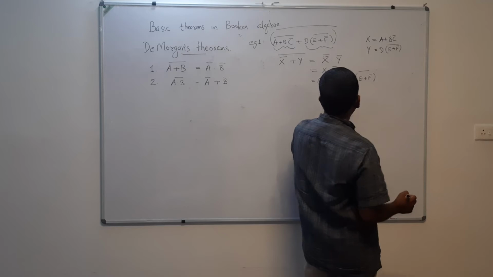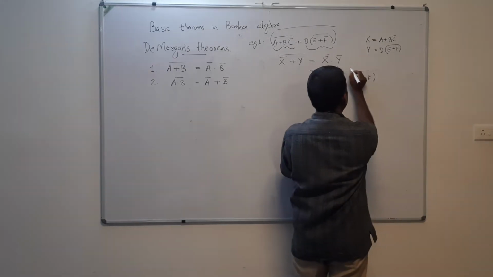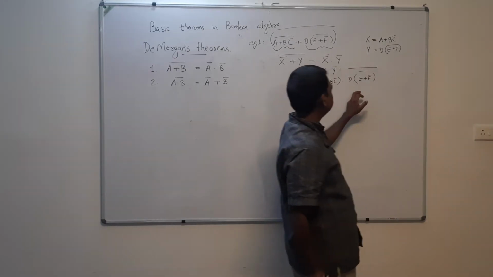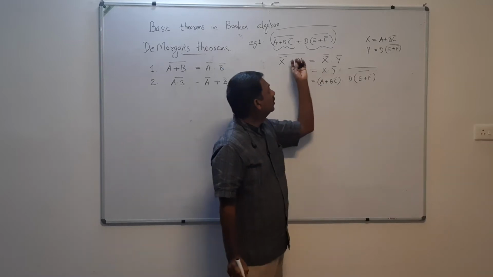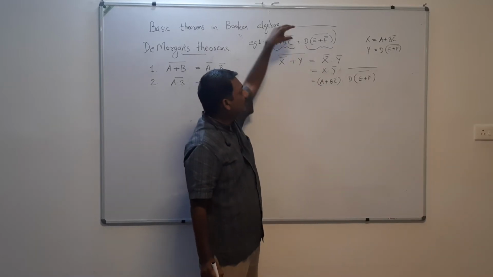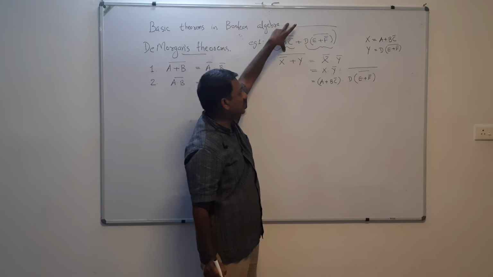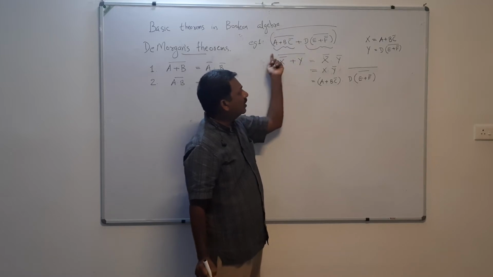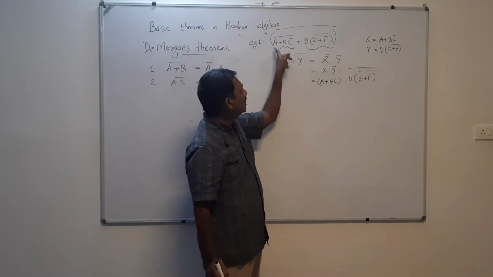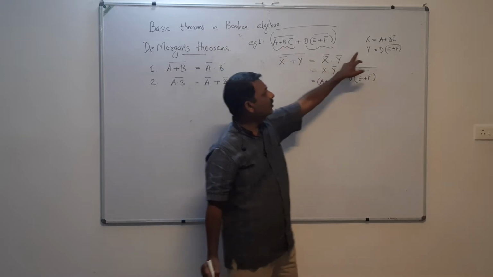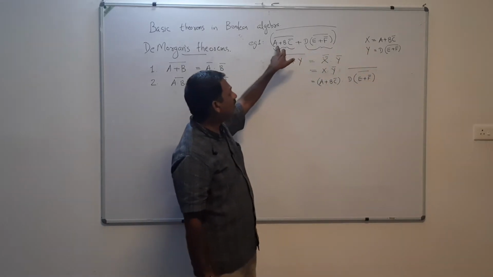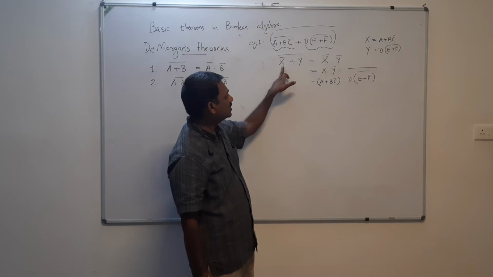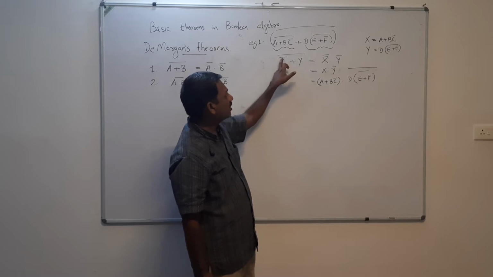Now X dot Y bar means this one whole bar. Starting from here, we have to simplify this expression, and I have intentionally put A plus BC bar equal to X. So you have replaced this A plus BC bar with X, then that becomes X bar.